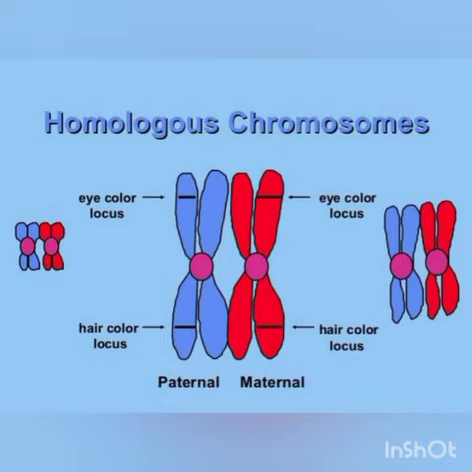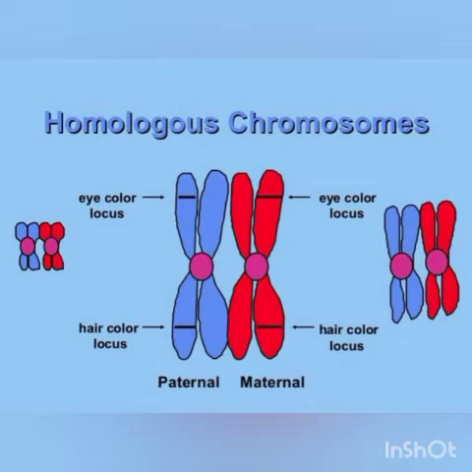Here, the red one is the maternal chromosome and the blue one is the paternal chromosome. You will see the locus of eye color, the position of eye color, is the same in both the maternal as well as the paternal chromosome, and each chromosome consists of two chromatids.